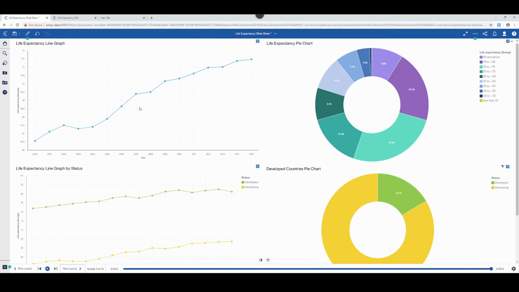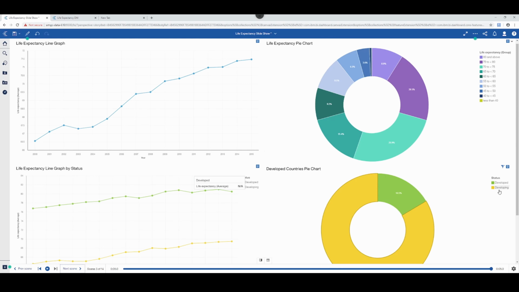So here in this next scene, we have two line graphs. One of them is life expectancy by year, and the other one is pretty much the same, but it is split up by country status. So we have two types of countries in this data set.